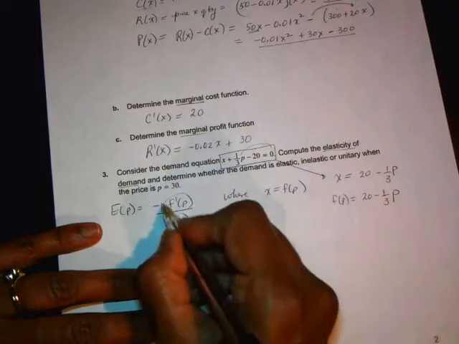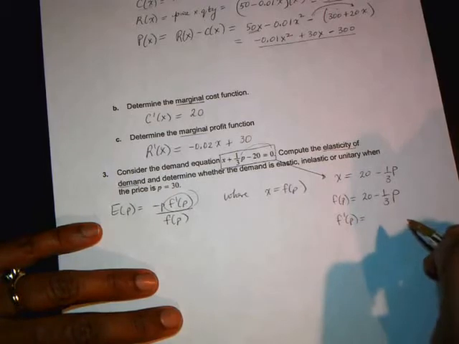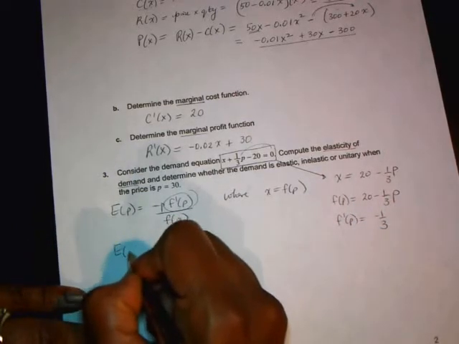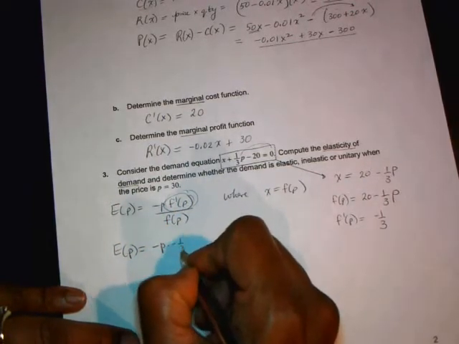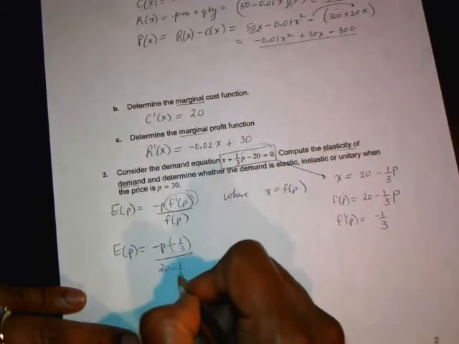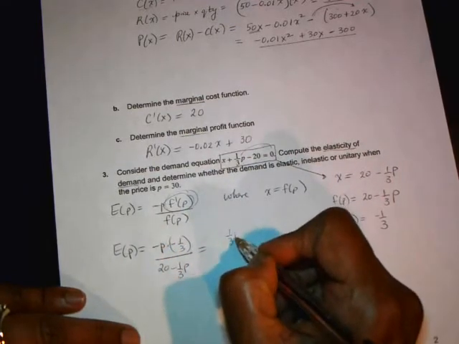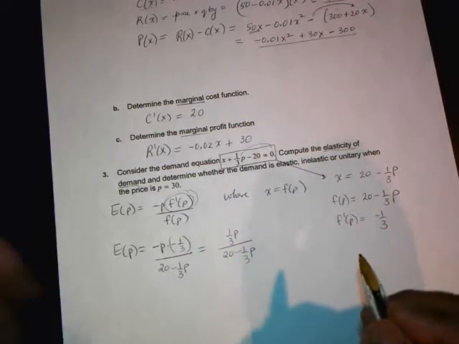In this formula I need the derivative, so let's calculate that. The derivative of 20 is 0, so I get negative 1/3. So E of p is negative p times f prime, which is negative 1/3, divided by f of p, which is 20 minus 1/3 p. I'm going to clean this up a little bit. When you multiply two negatives, you get a positive, and here's E of p.